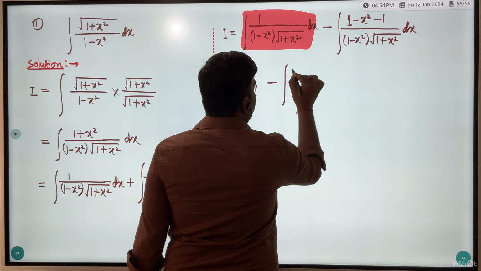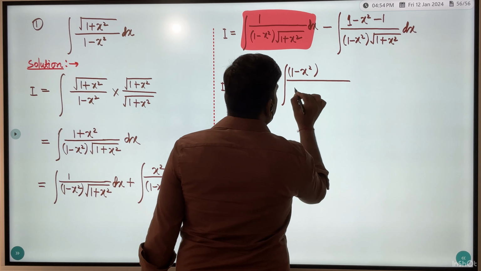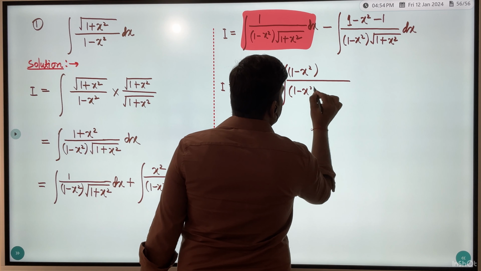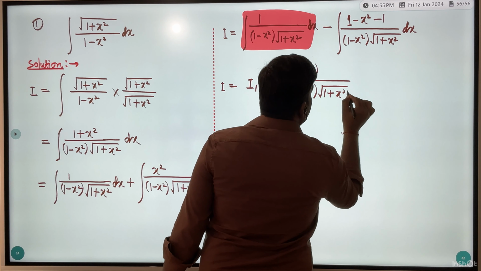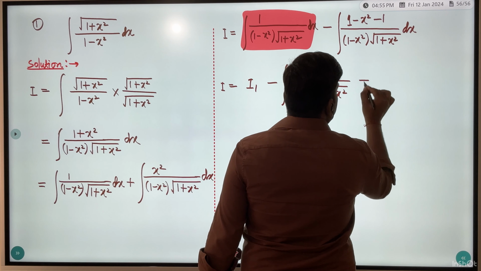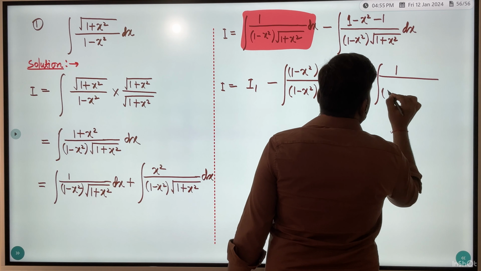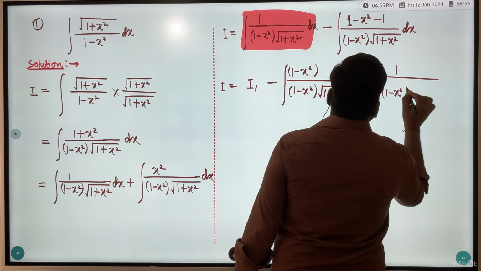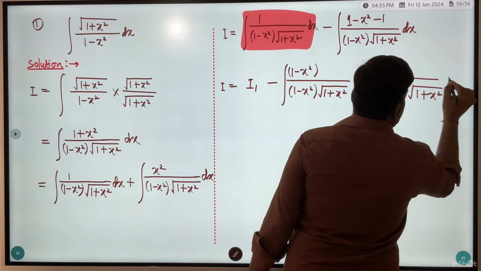I1 has been highlighted in red color. I1 minus the second integral can be separated into two integral terms: 1 minus x square upon 1 minus x square into root under 1 plus x square dx, plus, minus minus becomes plus, 1 upon 1 minus x square into root over 1 plus x square dx.